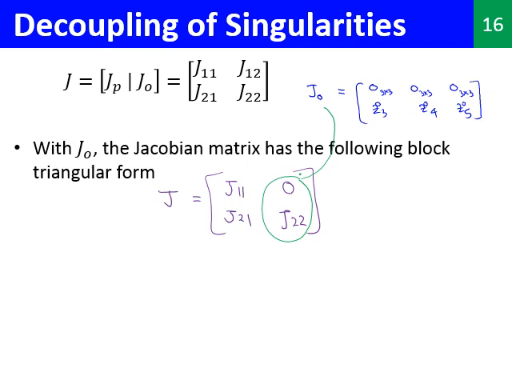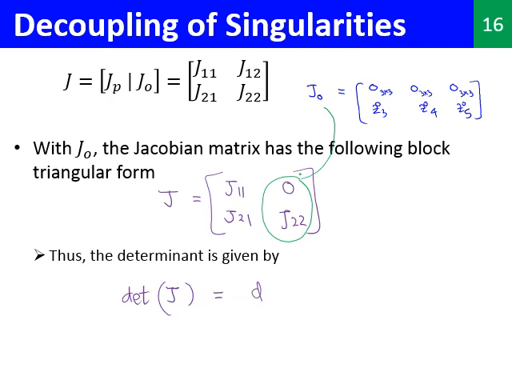Okay, and the determinant of the manipulator Jacobian matrix, determinant J, would become the product of determinant J11 and determinant of J22. That's because of the block triangular form, right?